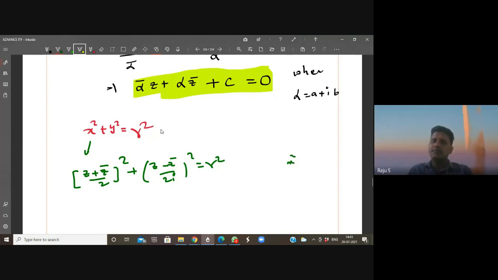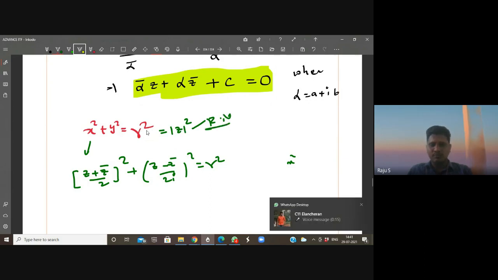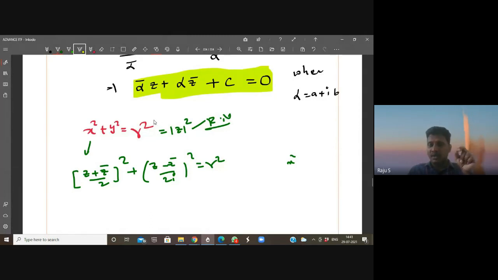Now, instead of r square, can we write modulus z whole square, which is x square plus y square? Yes, we may write modulus z whole square, but that is also a real number. Is it an equation in terms of z? No. Whenever we want to write the equation of a circle, straight line, hyperbola, ellipse or parabola in terms of complex numbers, it should be represented in terms of z and z conjugate, not modulus z.